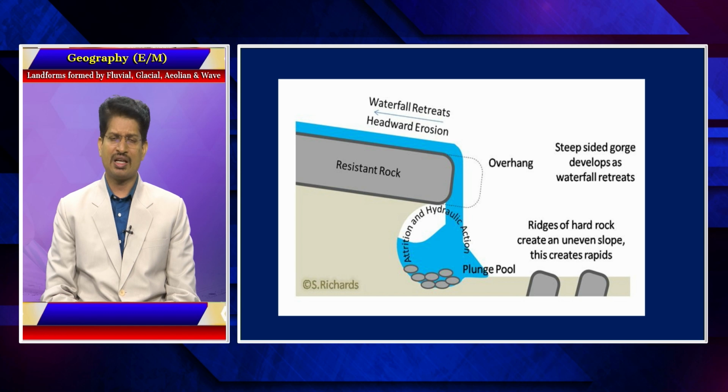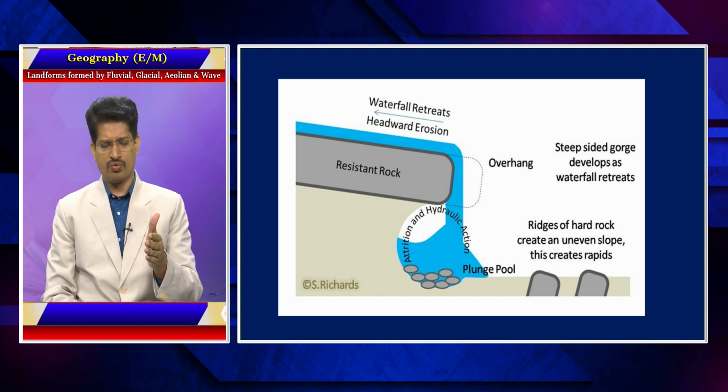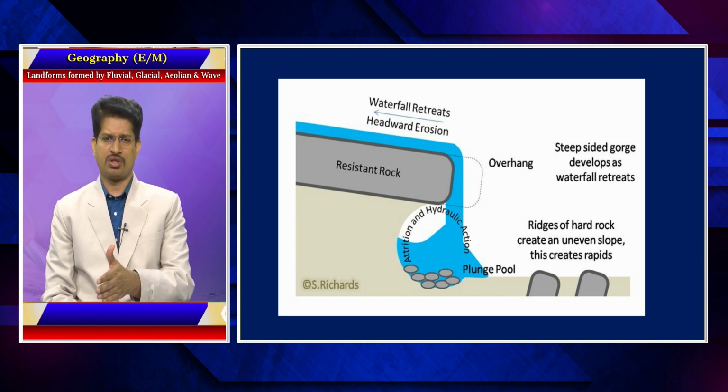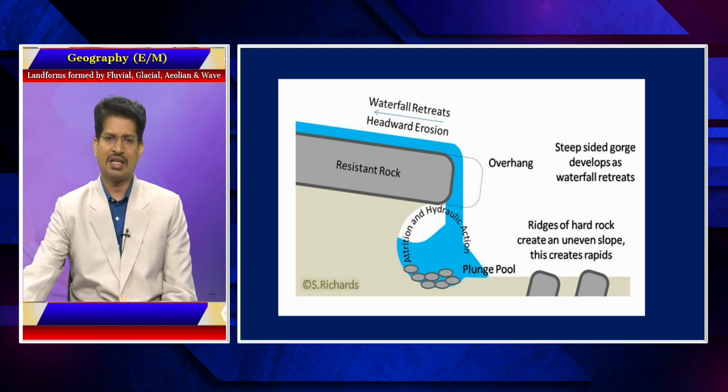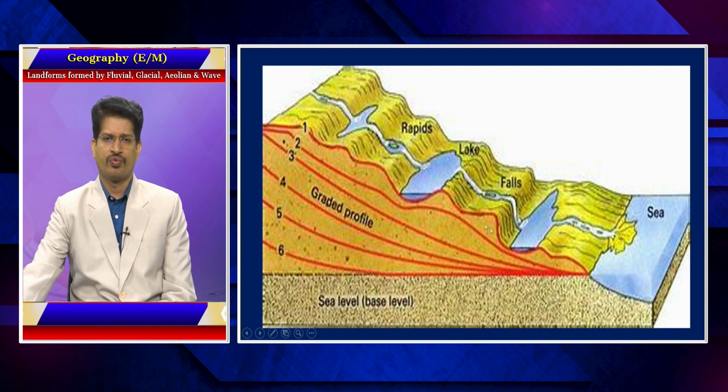When there are continuous waterfalls, where the distance between the waterfalls is very small, we call it rapids. For example, this is an example of a rapid.